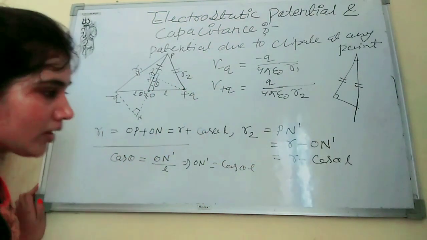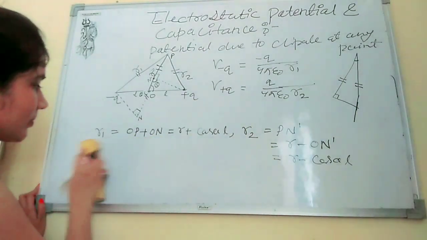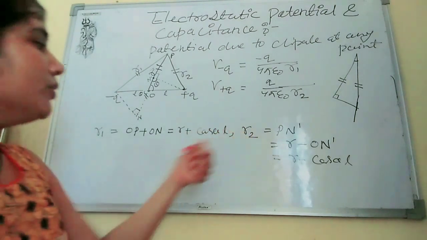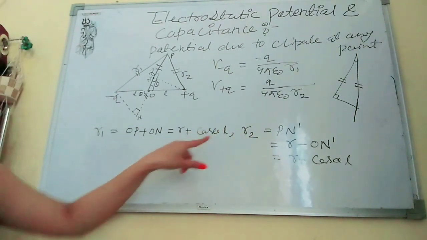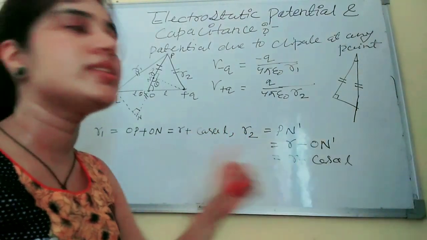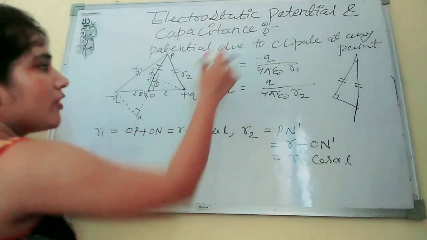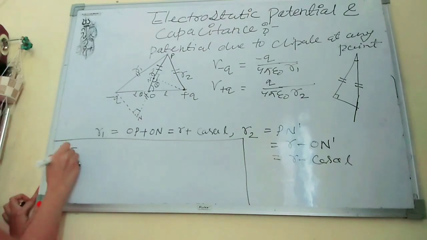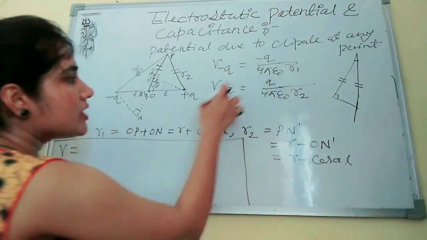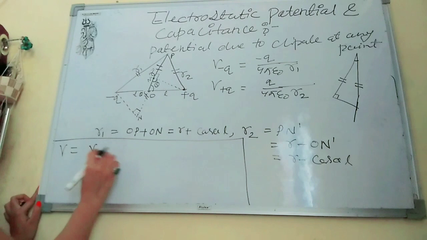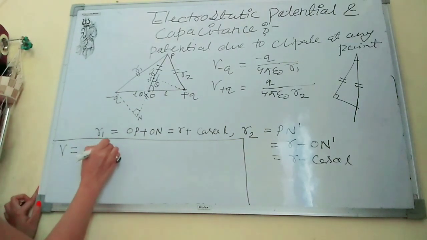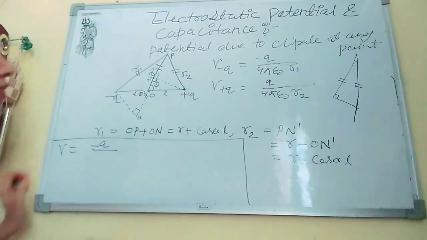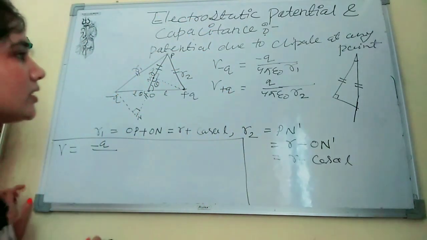Now we have both values for R1 and R2. R1 is R plus L cos theta and R2 is R minus L cos theta. Now we will put these in the equation and find V total. So that will be simply V of minus Q plus V of plus Q. So this will be minus Q upon, we simply add the potentials from both the points.